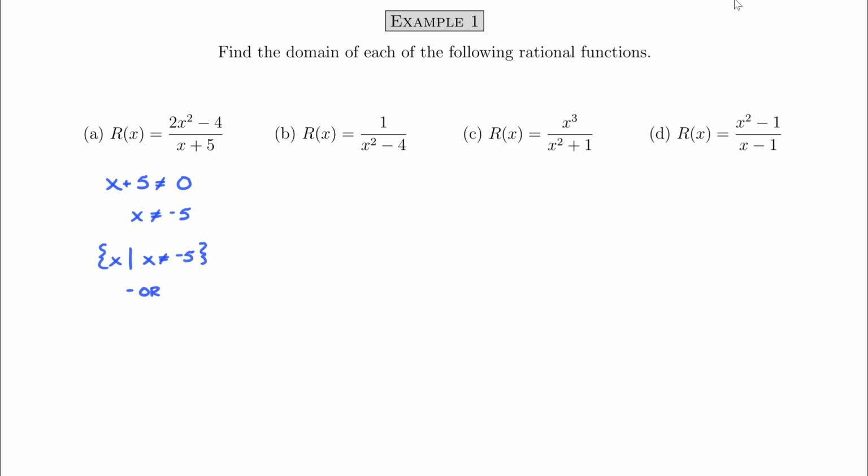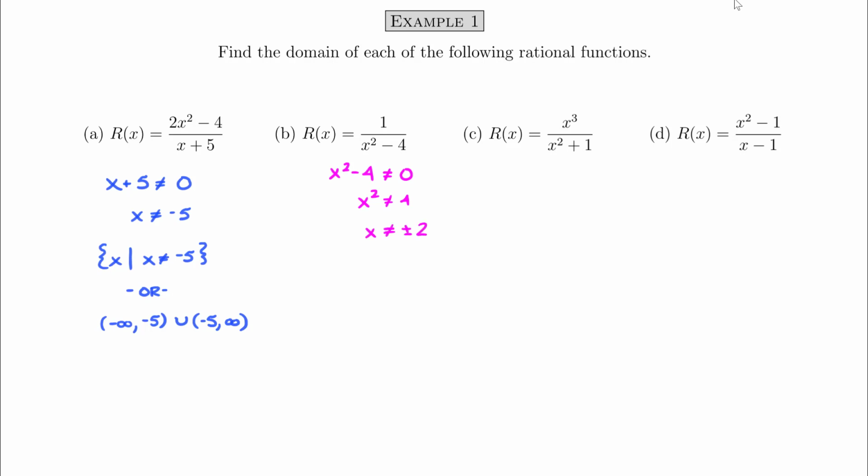Or you could write it out in interval notation, where it's negative infinity to negative 5, union negative 5 to infinity. Part B, you would do the exact same way. Take the denominator, set it not equal to 0, and solve for x. So we would add the 4 to both sides, and then we would take the square root. Now remember, when you take the square root, that will be plus or minus.